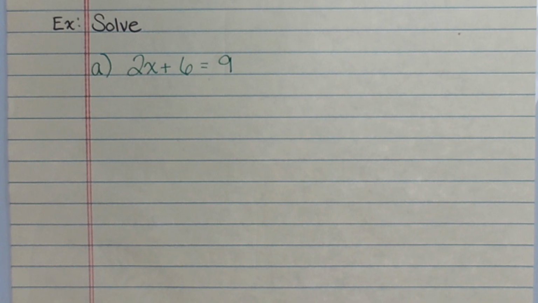Some of you may have heard of PEMA instead of PEMDAS, or GEMMA. They mean the same thing. It's just going to vary a little bit depending upon who initially told this to you. These versions just kind of emphasize these are together, and then G stands for groupings instead of parentheses.